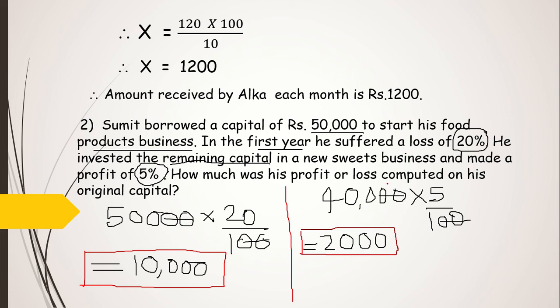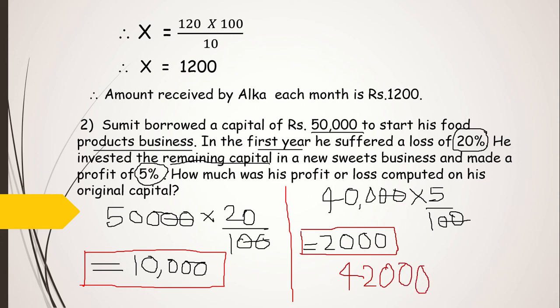How much was his profit or loss computed on his original capital? That we have to calculate now. Now see what we have come to. He started off with 50,000. In the first year he lost 10,000. 40,000 remained with him. With this 40,000 he did business of sweets and got a profit of rupees 2,000. So now the money with him is 40,000 plus 2,000, total 42,000.